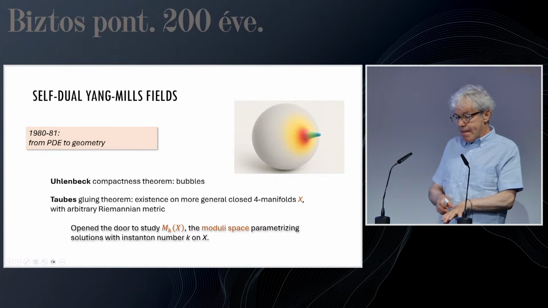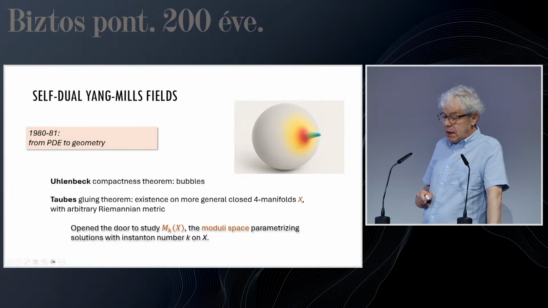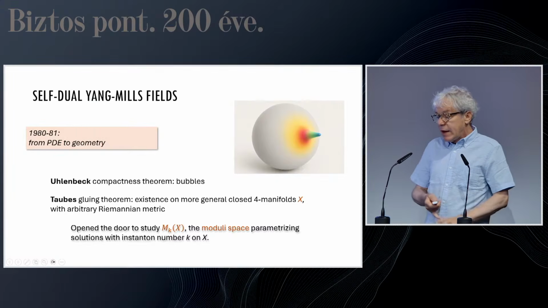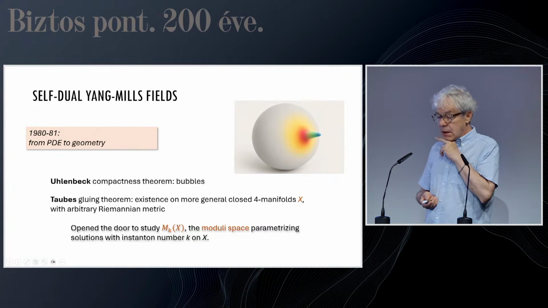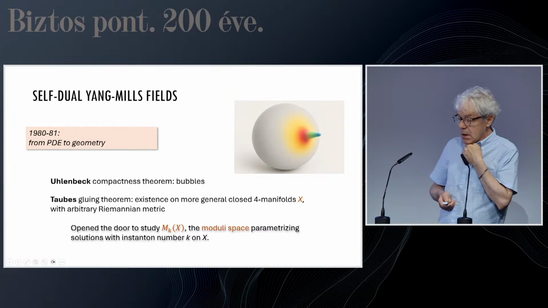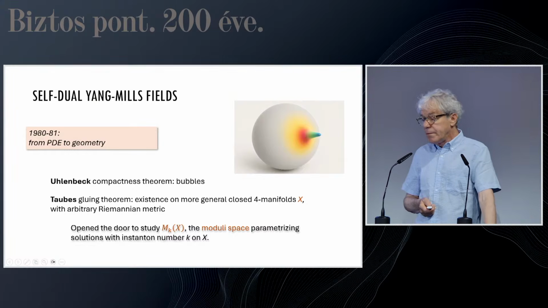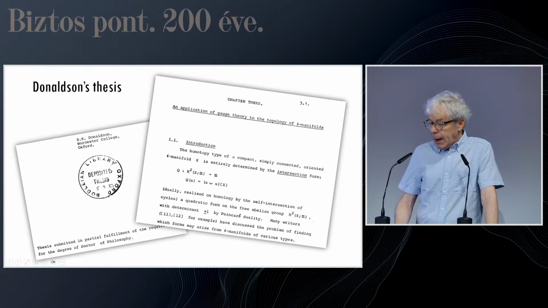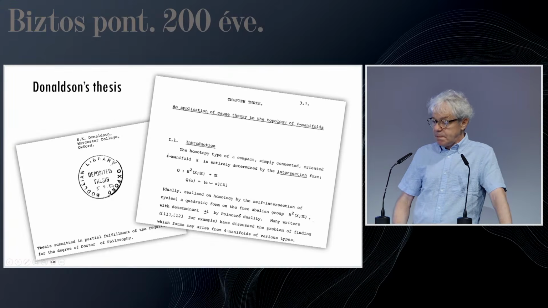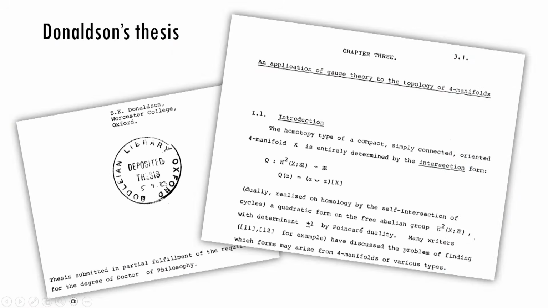These two things together open the door to studying the moduli space in general. So for a Riemannian manifold X compact, we can study the moduli space of charge K instantons on X, the space of solutions up to isomorphism. That was where things stood when Simon Donaldson wrote his PhD thesis, which you can now download from Oxford's archives.